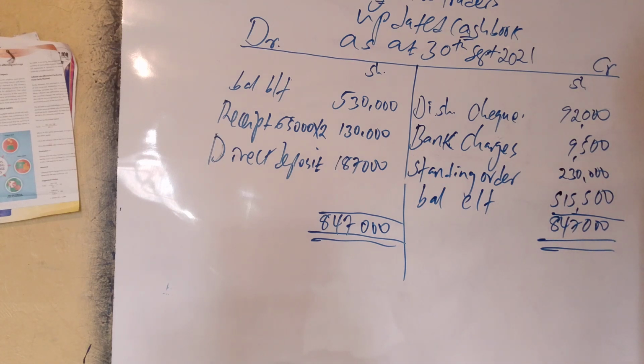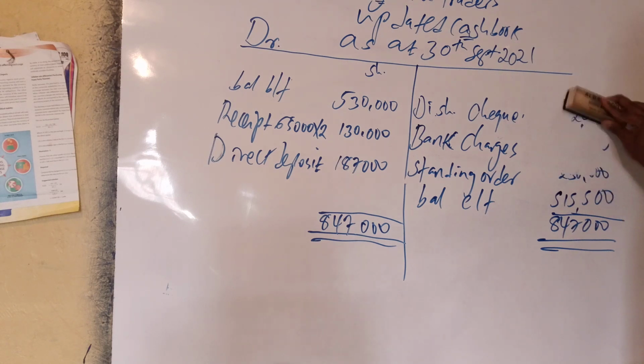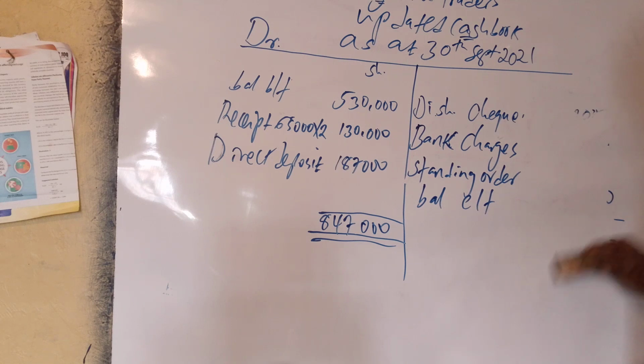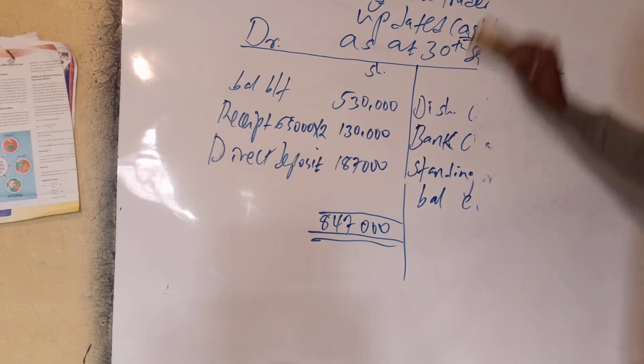Now let's go to Roman 2. Bank reconciliation statement as at 10th September 2021.